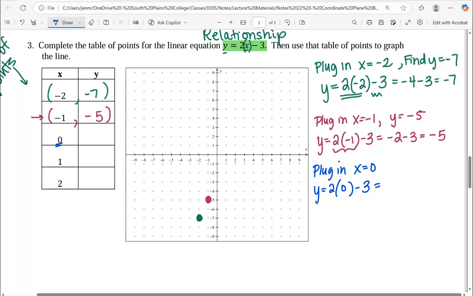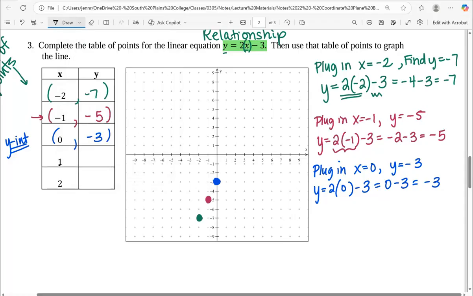To simplify, I multiply first. 2 times 0 is 0. Minus 3 is -3. So when x is 0, I have a y coordinate of -3. 0 side to side, -3 on the y-axis. This point also is called a y-intercept.